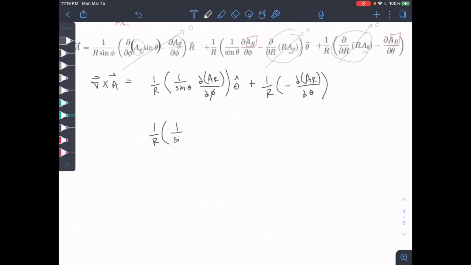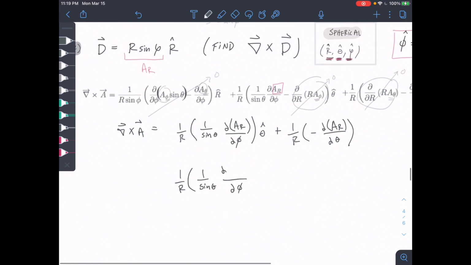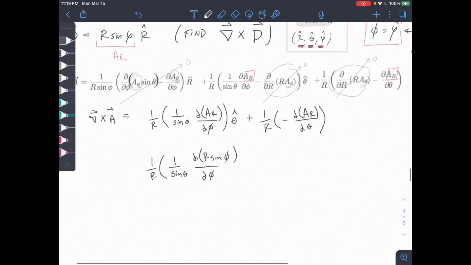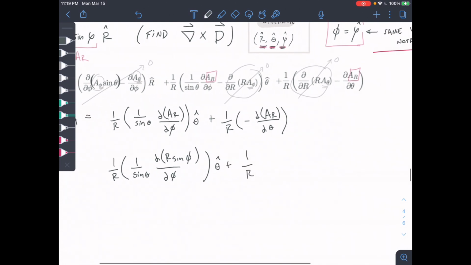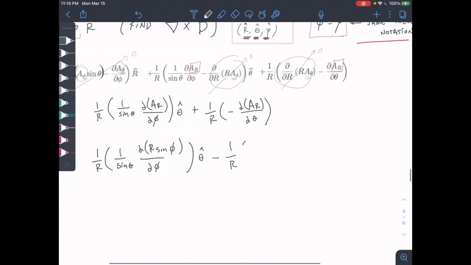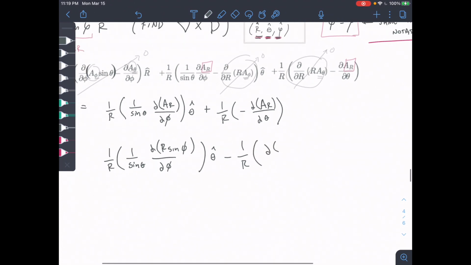Times 1 over sine theta, partial with respect to phi, and then we have r sine of phi, in the theta hat direction, plus 1 over r, actually let me distribute the negative, minus 1 over r, times the partial of r sine phi with respect to theta.